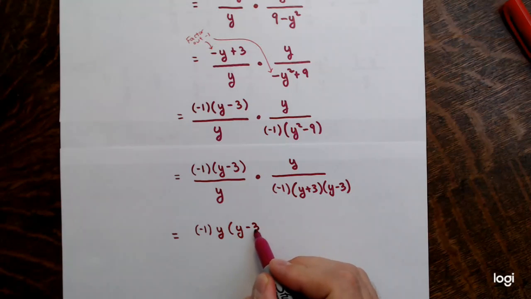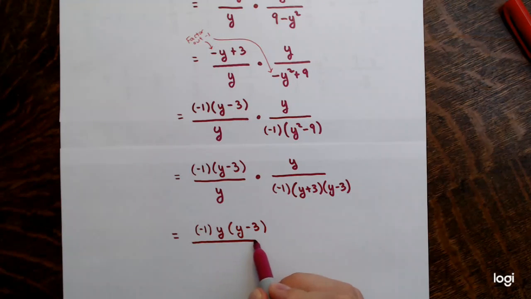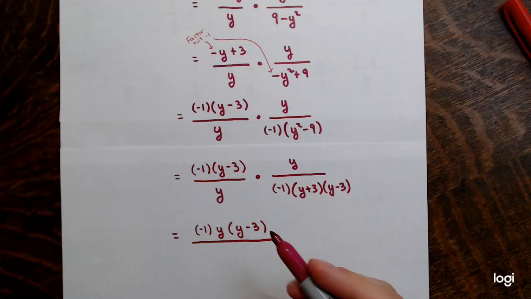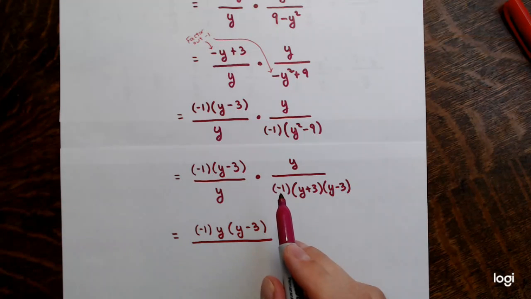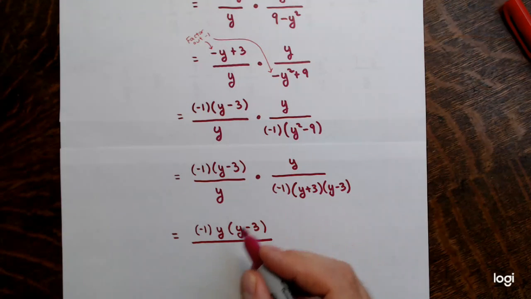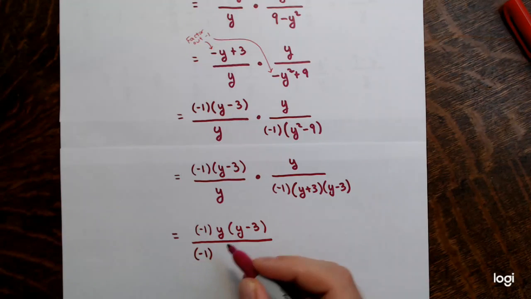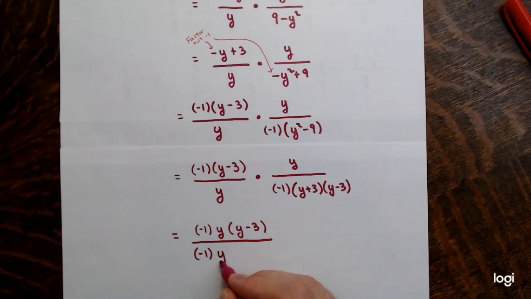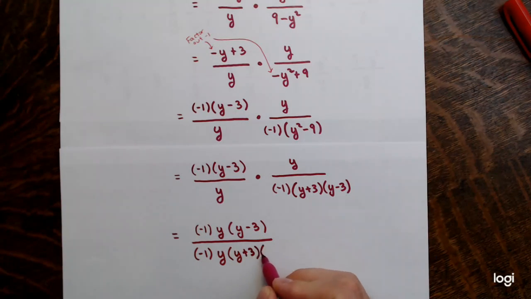That's the whole numerator, that product. In the denominator, you'll see that most books, and I also like to, put numerical factors first. So I've got a factor of negative 1 in the denominator times a factor of y, and then times a factor of y plus 3 times a factor of y minus 3.